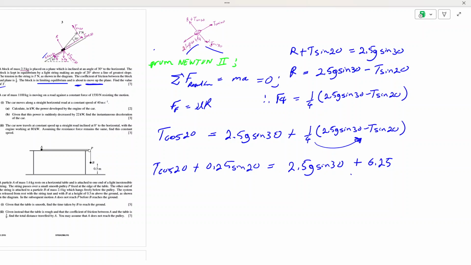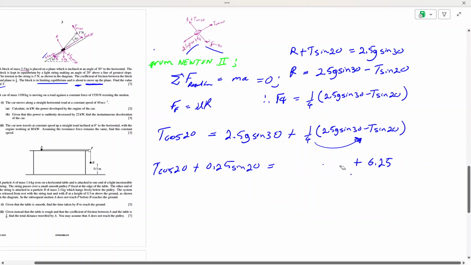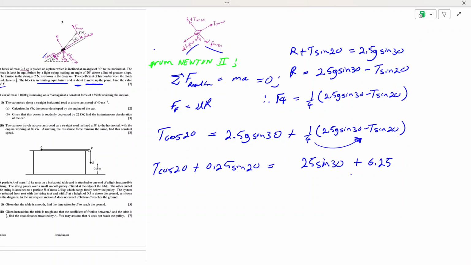If I multiply by 10, remember g is equal to 10, this part becomes 25 sine 30. And when I multiply the quarter here, 1/4 multiplied by 2.5 multiplied by 10, I'll get 6.25 sine 30. And then we multiply the quarter to the T. Remember it was a minus, so when I take it to the other side, it becomes a positive 0.25 sine 20.